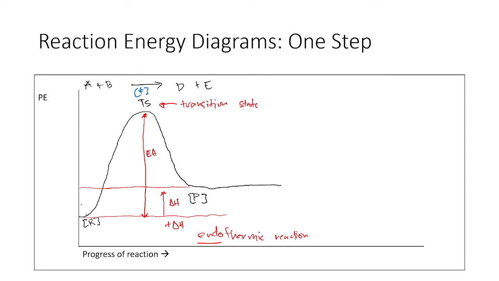What happens is if we have this potential energy from our reactant, the energy activation actually lowers, or bumababa yung tinatawag nating energy activation, meaning mas kokonti yung energy na kailangan natin para mag-proceed yung reaction.